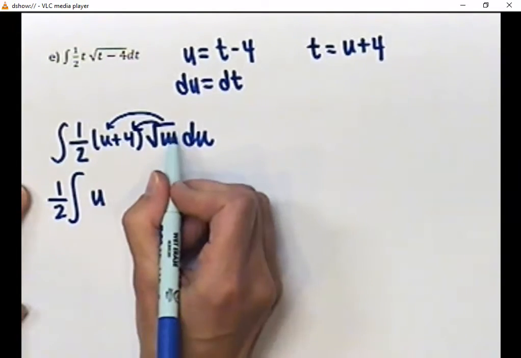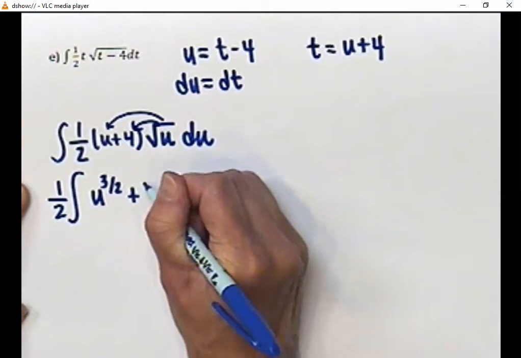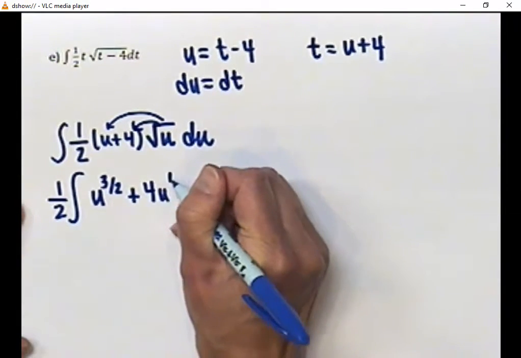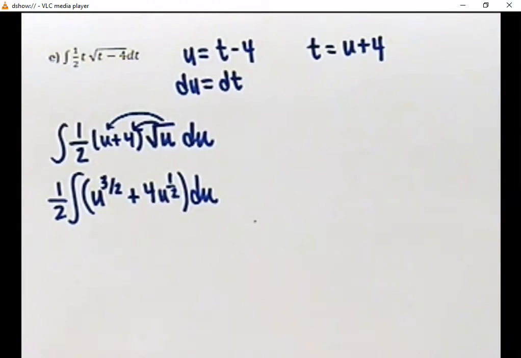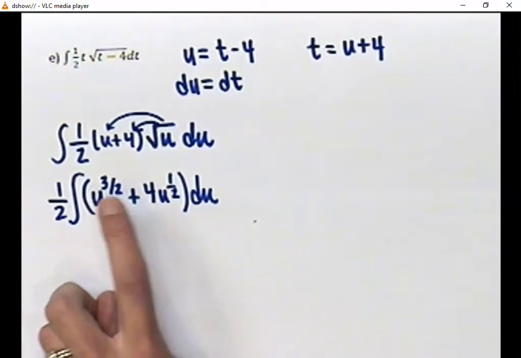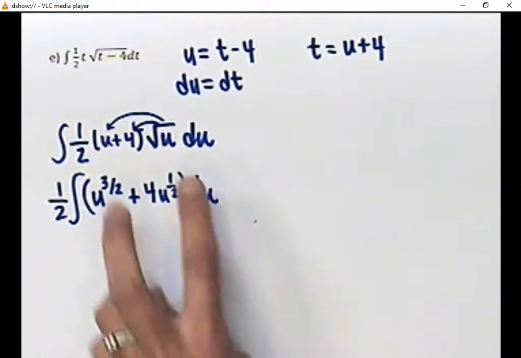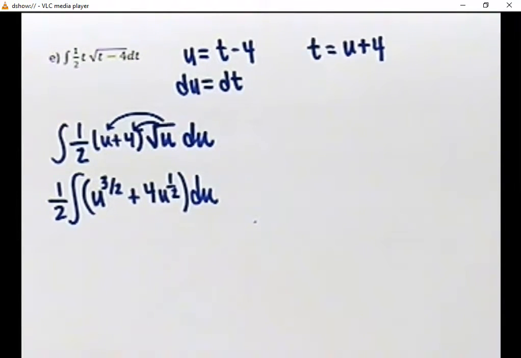You add the 1 plus this power of 1/2, so 3/2. And then you would have 4 square root of u, right? But that's just u to the 1/2. Now could I integrate it? Yes. Now that you've made terms, these I can just integrate using the power rule, right? So it didn't necessarily look like it at first, but if I can distribute, then I can integrate this.